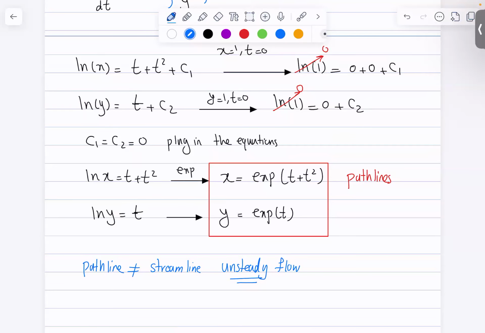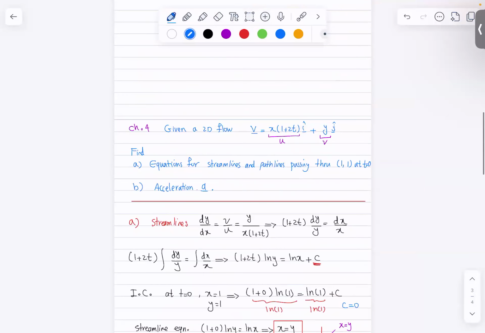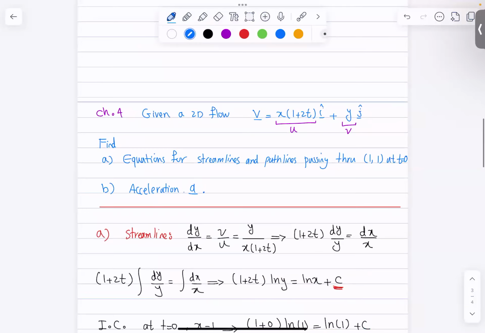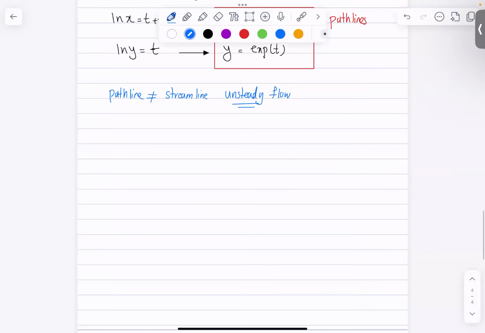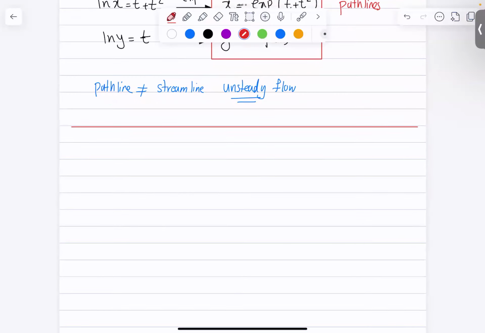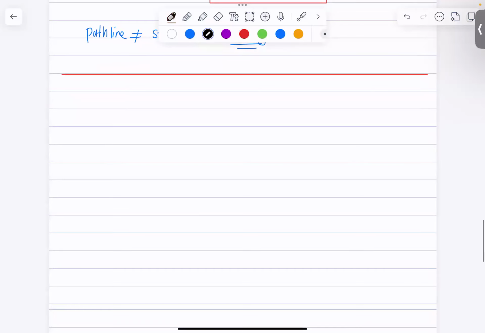Now we are done with part A. Let's go back to the problem statement. Part B just wants us to find the acceleration vector. So V is given to us. We just want to find A, right? So this is easier than part A because all we have to do is use the substantial or material derivative formula.